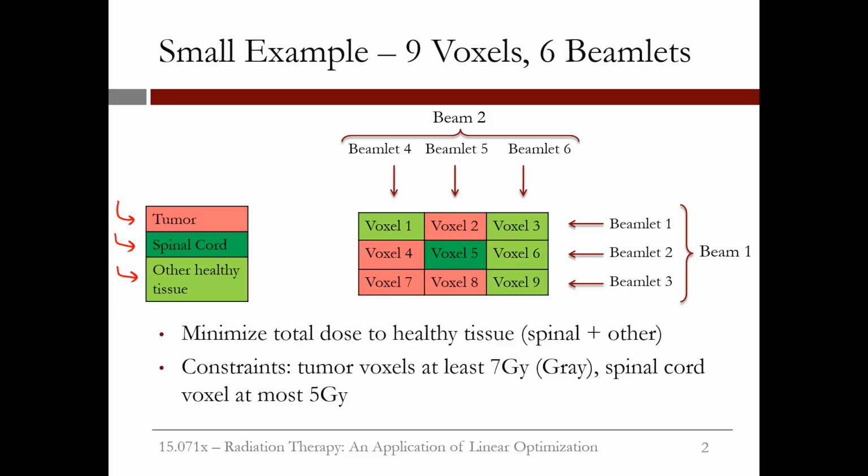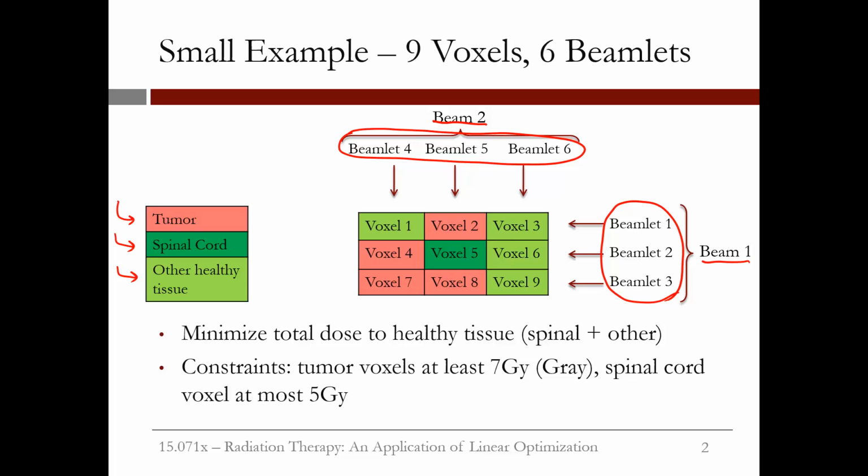So we have 4 tumor voxels, 1 spinal cord voxel, and 4 other healthy tissue voxels. We have 2 beams that are each split into 3 beamlets. Beam 1 is composed of beamlets 1, 2, and 3, and comes in from the right. Beam 2 is composed of beamlets 4, 5, and 6, and comes in from the top.